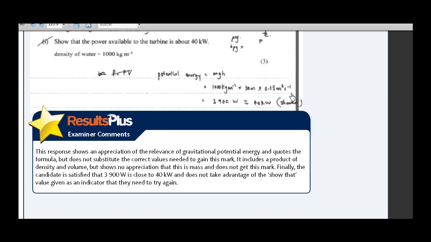No, actually he's got the density here, so he missed a factor of 10 somewhere, I'm not very sure where. But he's going to miss marks for that vagueness, basically.